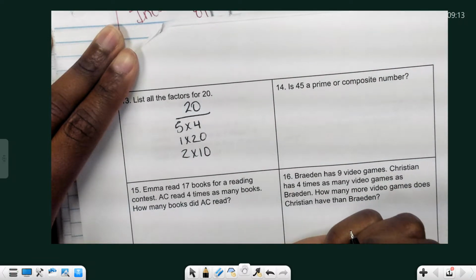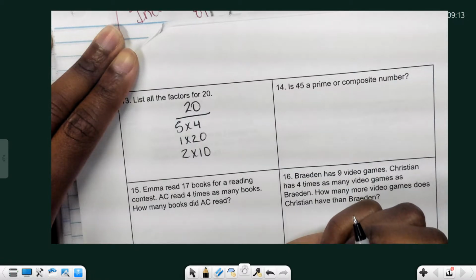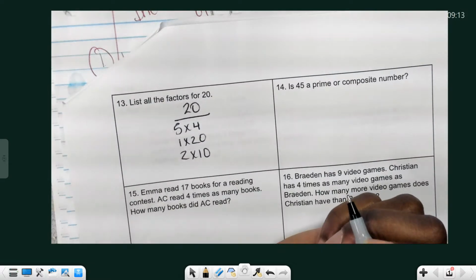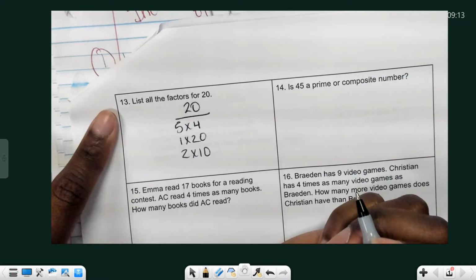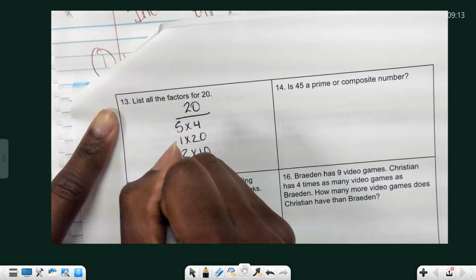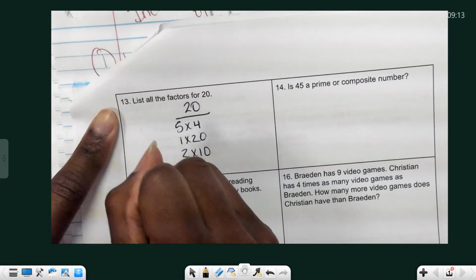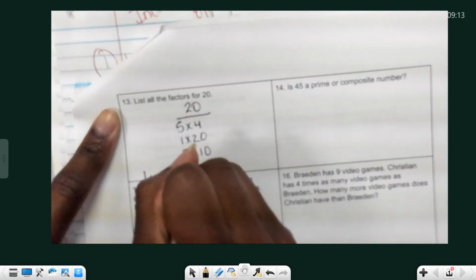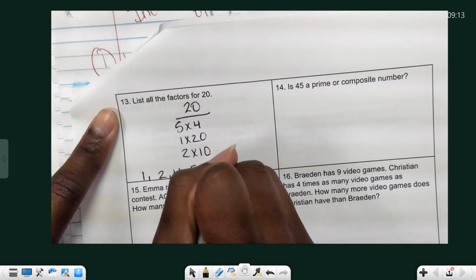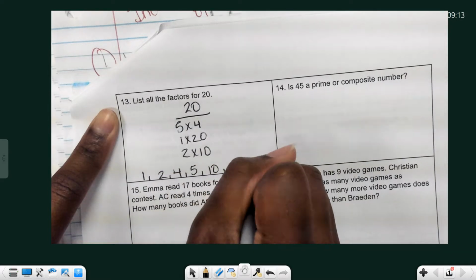Anything else? Did we get all of them? We could flip it, but do we really have to? No. All right, so let's list it in order from least to greatest: 1, 2, 4, 5, 10, 20.